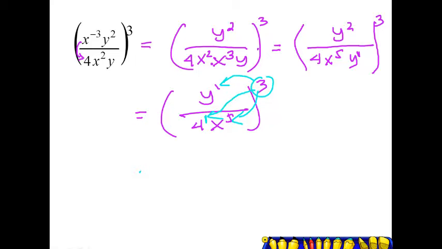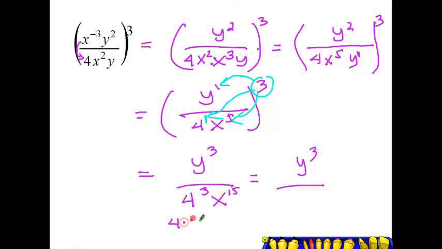So we will have y raised to 3, 4 raised to 3, and then x raised to 5 raised to 3 is x raised to 15. Now 4 raised to 3 is just 4 times 4 times 4, which is equal to 64, x raised to 15. So this will be our final answer.